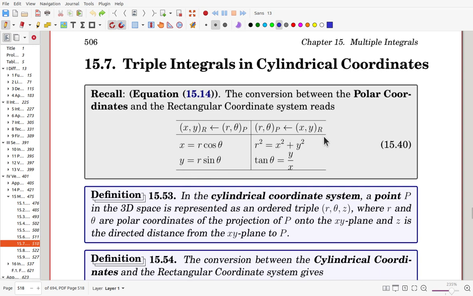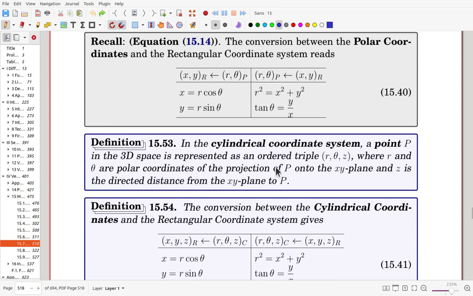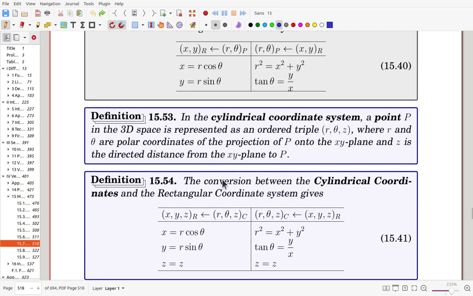For the conversion from the rectangular coordinate system to the polar coordinate system, we can get r and theta by solving these two equations. The cylindrical coordinate system is a simple expansion to one vertical, or orthogonal, direction.